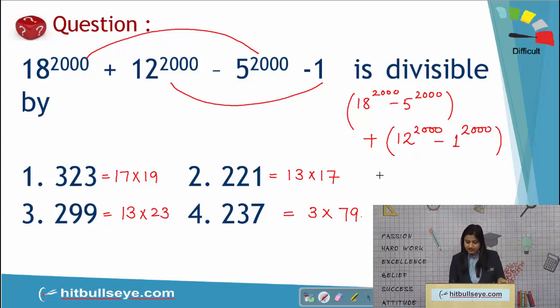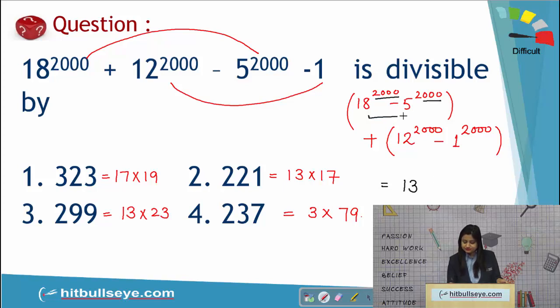Now, if we apply the shortcuts, since the power is even here, 2000 is an even number. So we know that a raised to power n minus b raised to power n, where n is an even number, will be divisible by a minus b and a plus b. So we can say that this number is divisible by 13, which is 18 minus 5.